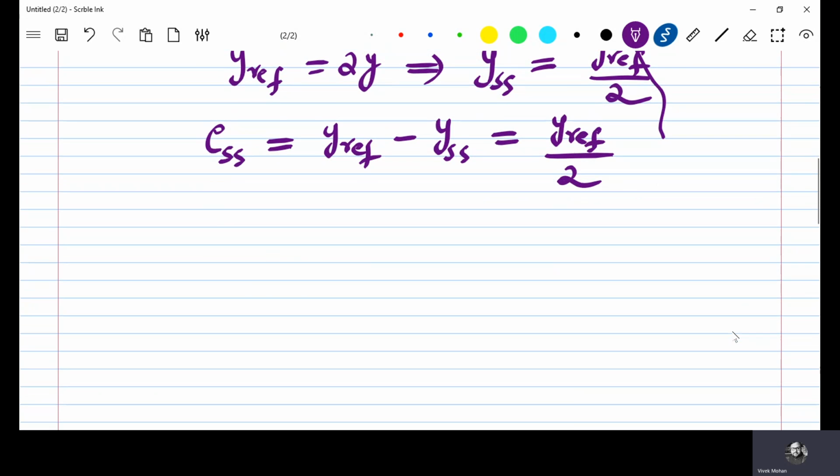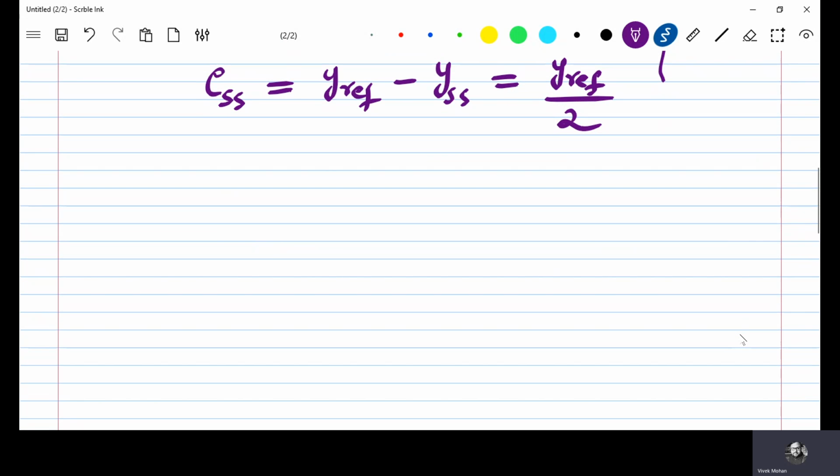Okay. Now if the plant transfer function is changed, suppose we are using GP equals 1 by S minus 2. Earlier it was 1 by S plus 1. Now it has been changed to 1 by S minus 2. Then what is the closed loop transfer function?